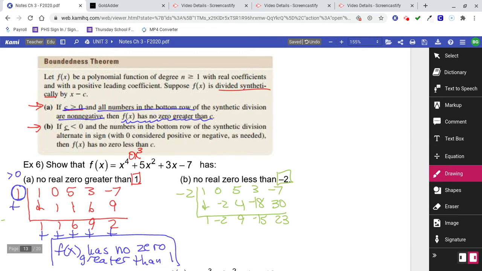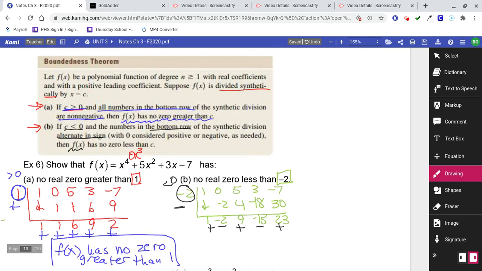It says if c is less than 0, or in other words negative, and the numbers in the bottom row alternate in sign. So see how they go positive, negative, positive, negative, positive. Okay, that's what they're talking about. The bottom row alternates in sign: plus, minus, plus, minus, plus.